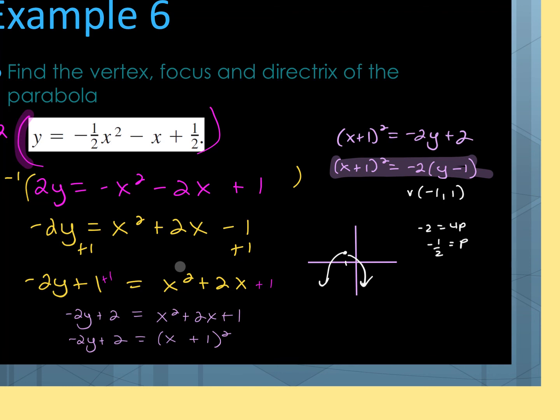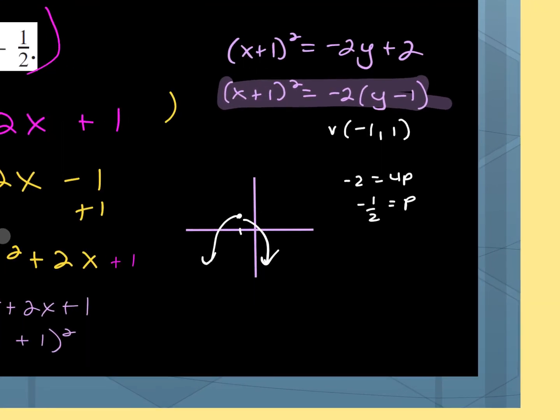Now p is just a distance, so we actually don't need the sign there. We just need to know I'm going up 1/2 to get the directrix, and I'm going down 1/2 to get the focus. So my vertex is this. Up and down is where I moved to get those 2 points, which means my focus, the x, is going to stay the same.